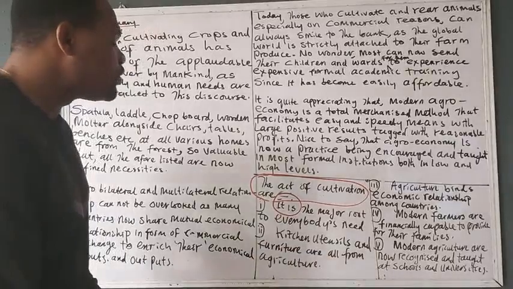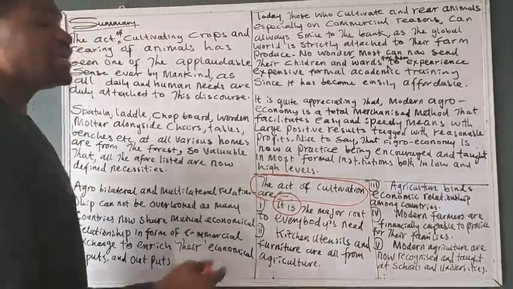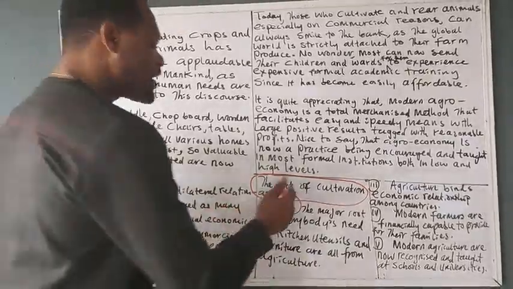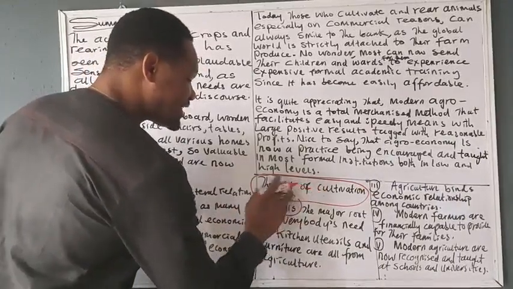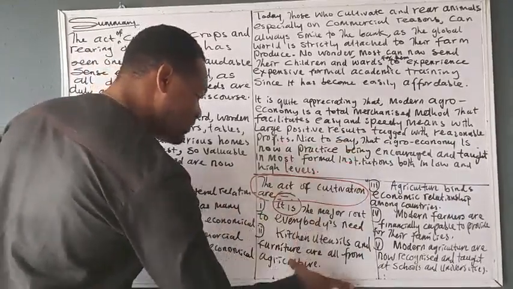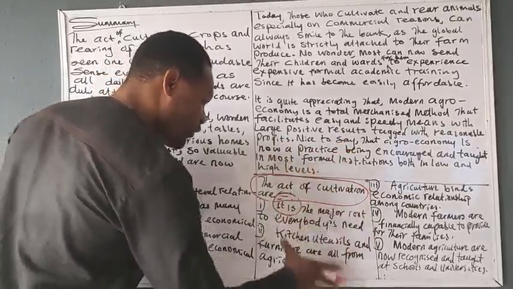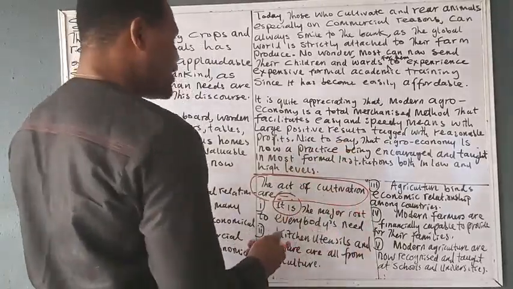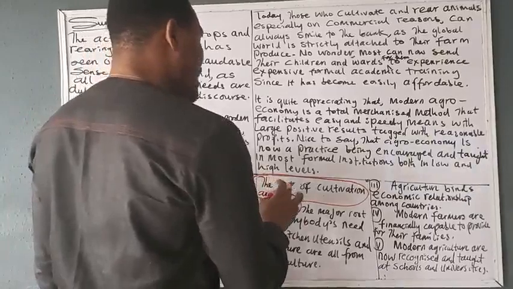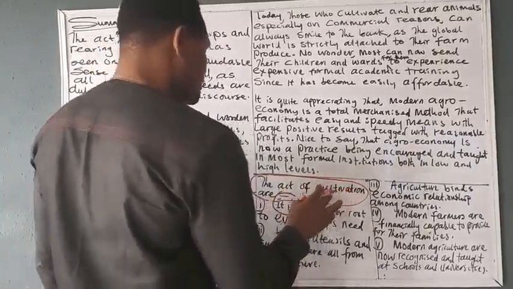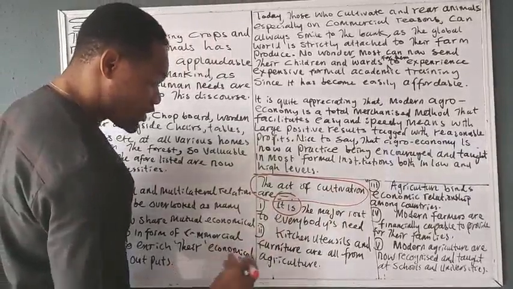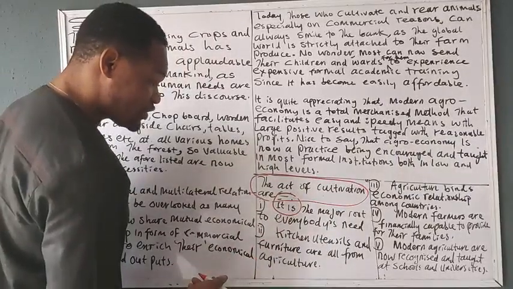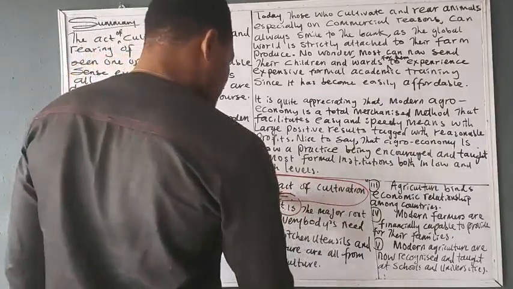So what I would suggest is that the exam taker must be conscious of how the introduction, that is the sentence introducing the beginning of the summary, goes. So why not say the act of cultivation are, or you can just say the act of cultivation, then.